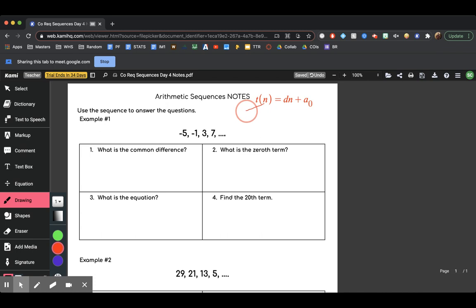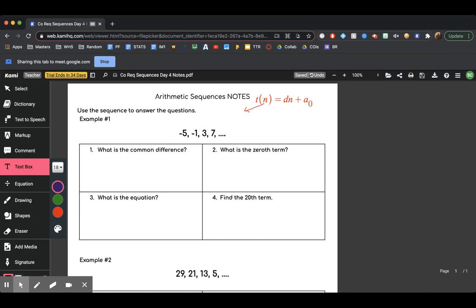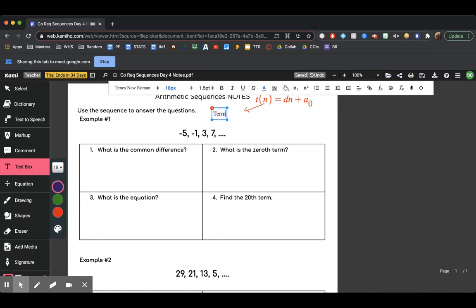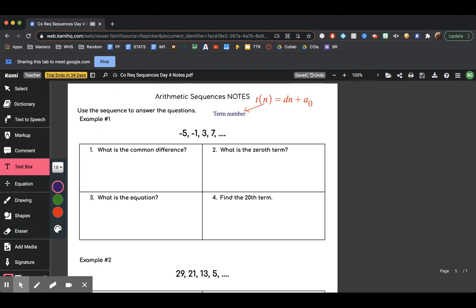For example, the n stands for the term number. So the number that we are interested in finding. And that helps us to answer questions such as this one on the first example, find the 20th term. Okay, the 20 is the term number that we are interested in.